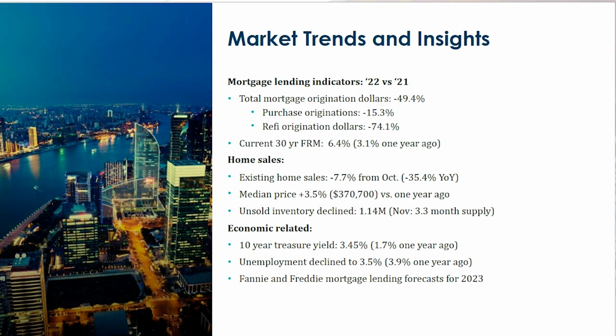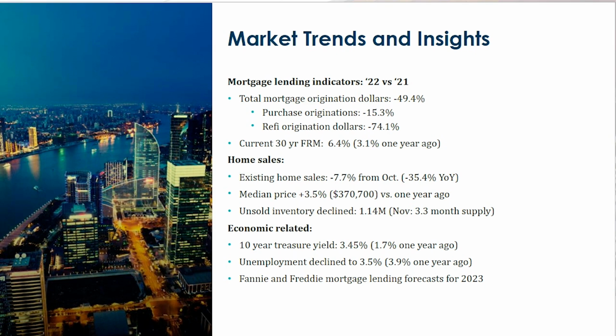That's about a 3.3 month supply, but it makes for a difficult market for a buyer because interest rates are high and inventory is not plentiful. We've seen an increase in the 10-year Treasury. It stands at 3.45% now. On a positive note, unemployment has declined to 3.5%.